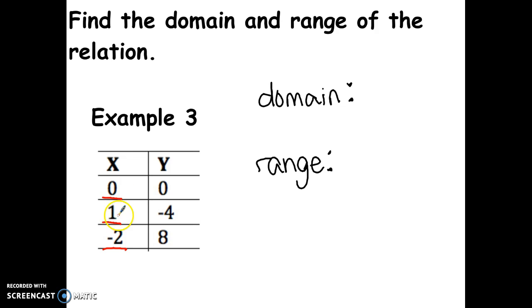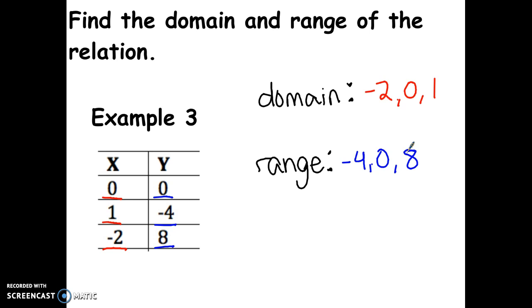So we're not going to write them in this order. Instead, we're going to write them -2, 0, and 1. Okay, for our y values or our range, we have 0, -4, and 8. Again, we need to list these numbers in numerical order. So we have -4, 0, and 8.